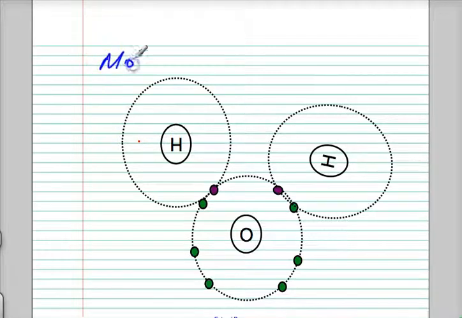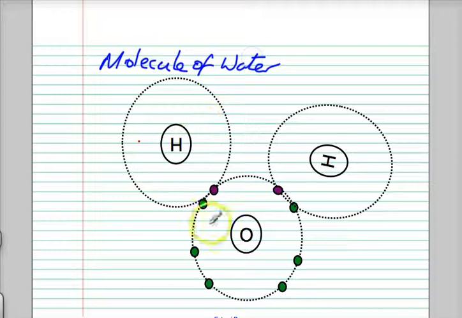Molecule, we use that term for a covalently bonded compound like this. A molecule of water. And this molecule of water will stick to other molecules of water for various reasons, and the bond between different molecules of water, between this molecule and another, is not so strong. As a result, this compound at room temperature is not a solid, it's a liquid.